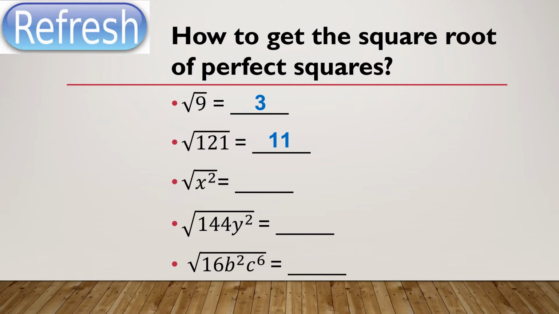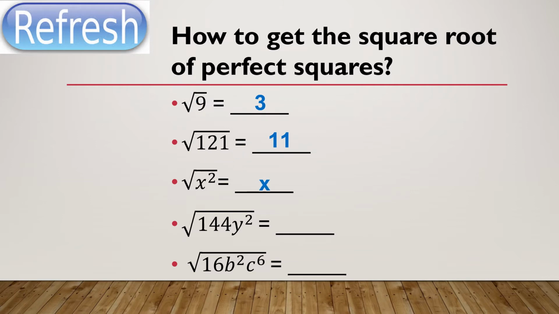And the square root of x squared. Wait, is x squared even a perfect square? How do we identify? It is a perfect square if the exponent can be divided by 2. So 2 divided by 2 is 1, therefore the square root of x squared is x.